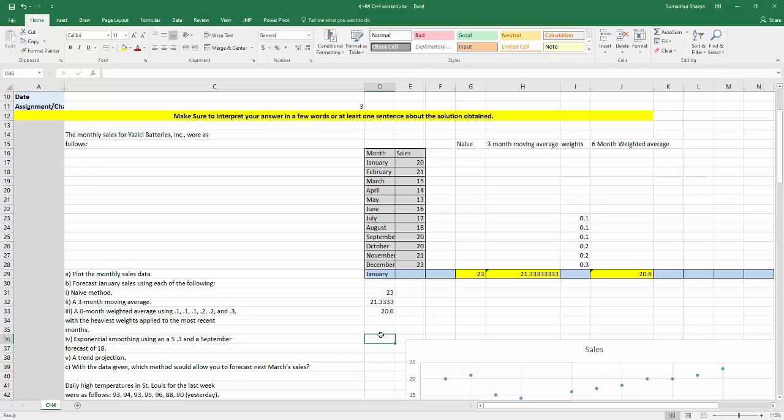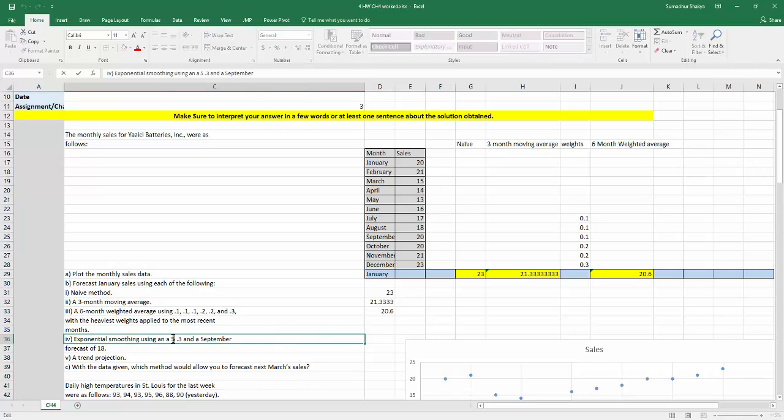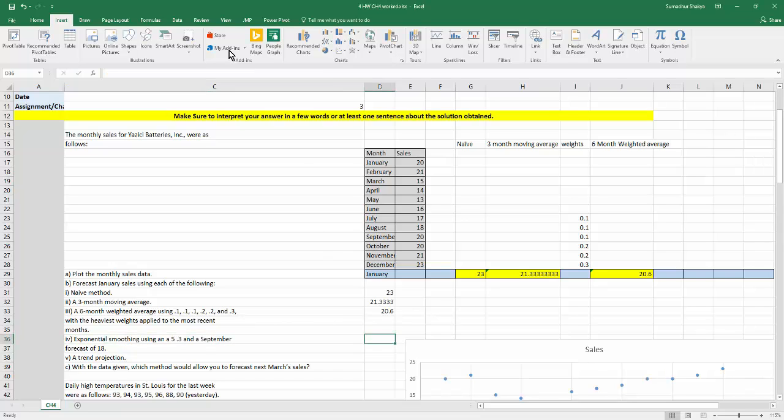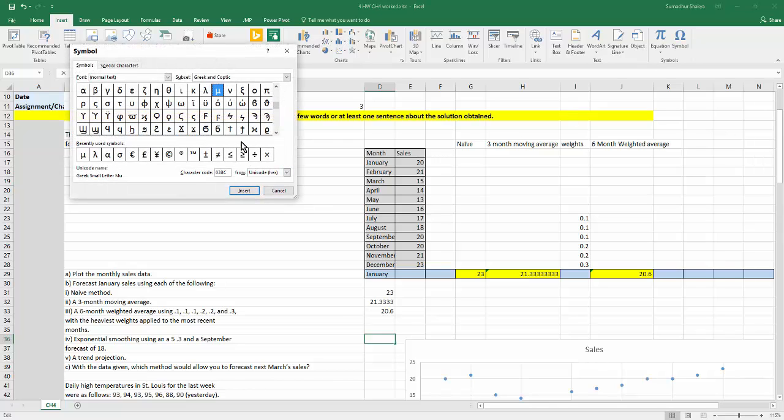Now the exponential smoothing using an alpha of 0.3. It'll be good to show you guys how to insert alpha. Oops, let me insert it here first. Insert symbol, and let's see if I can find alpha here. Okay, insert.